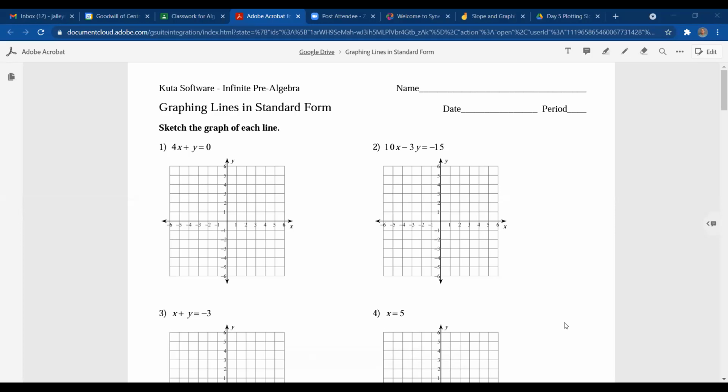Standard form is a little bit different because, again, no slope, no y-intercept. You don't really even know where these lines are at, what they're doing on the graph. There's two different things you can do. We can convert them. So this first one here, 4x plus y equals 0. If I'm going to solve that equation for y, what do I do first?